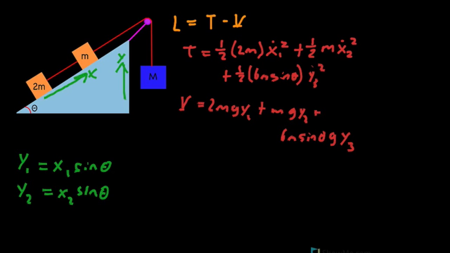Now, because the first two masses are connected with a string, we also know that the distance between them will be held constant. In other words, x2 minus x1 is a constant.